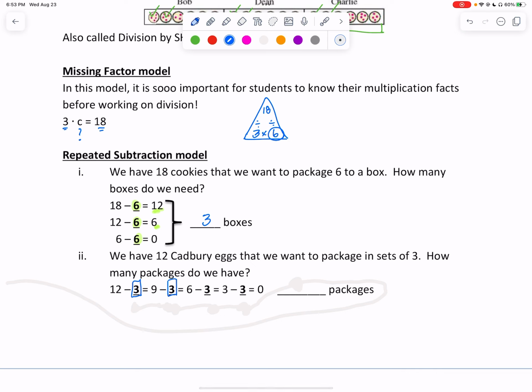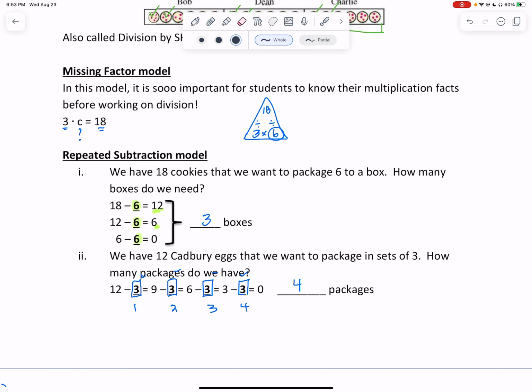You took 3 more out. So now we have 6. We took 3 more, made another package. Now we have 3 left. And then we took 3 more and put it in a package. So how many packages do we have? We got 4 packages of Cadbury eggs. Okay, so that's called repeated subtraction.